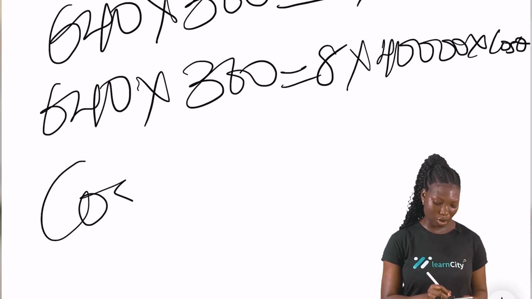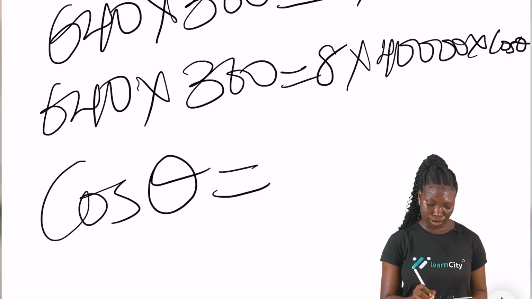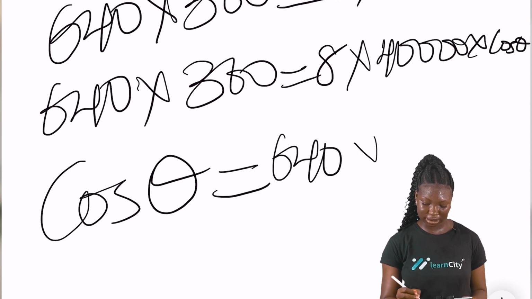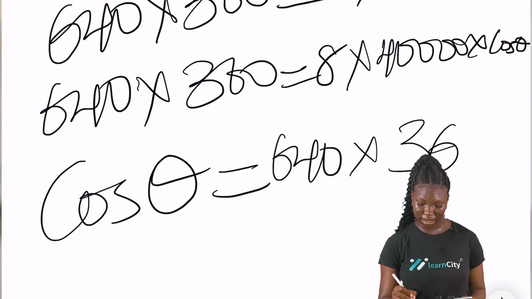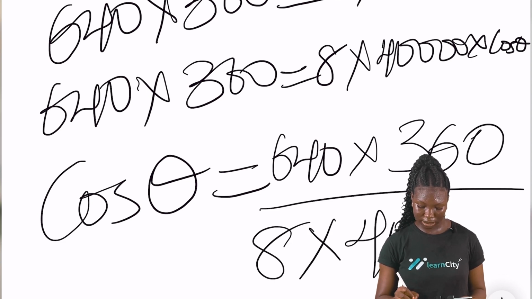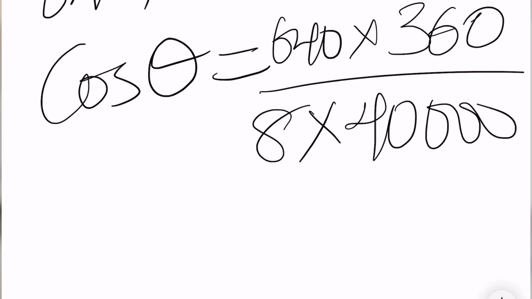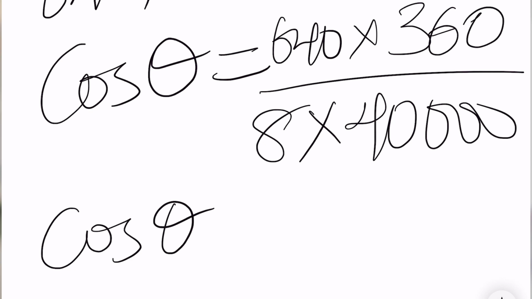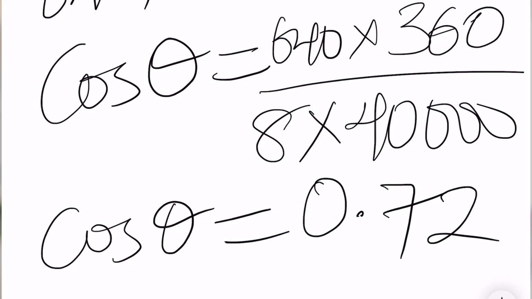So we have cos theta to be 640 times 360 over 8 times 40,000. Solving this, we have cos theta to be 0.72.